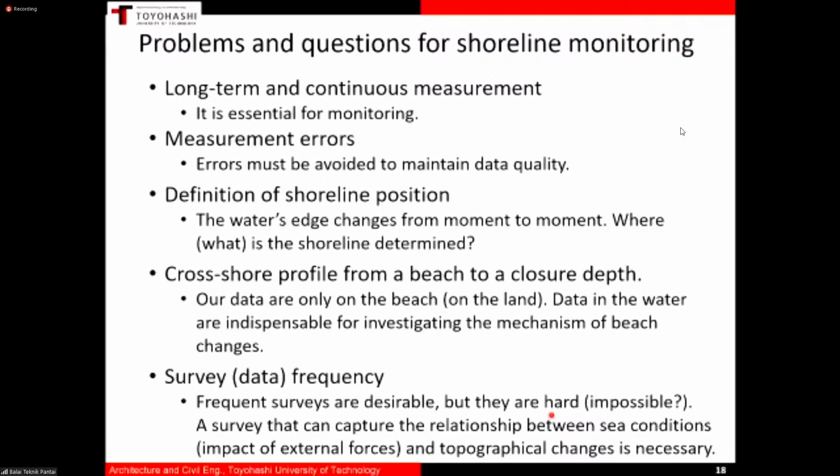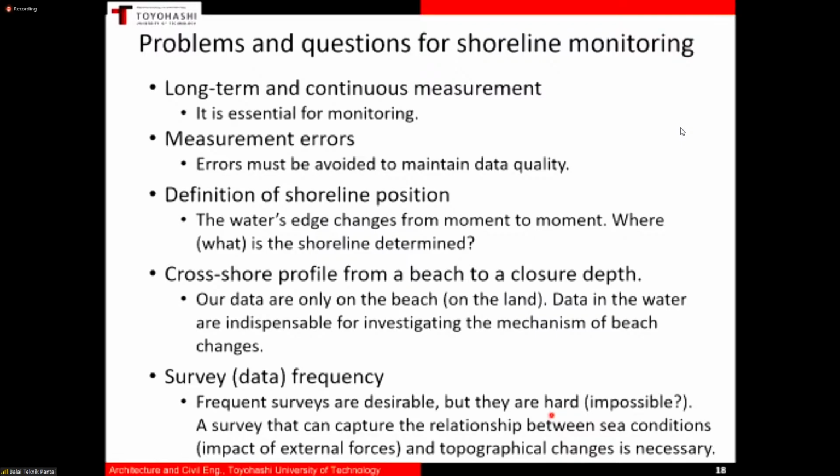Our data is only on the beach because students do the measuring, so it is impossible to measure under the water. But data in or under the water is indispensable to investigate the mechanism of beach change, because the beach profile is continuous from on land to under the water.